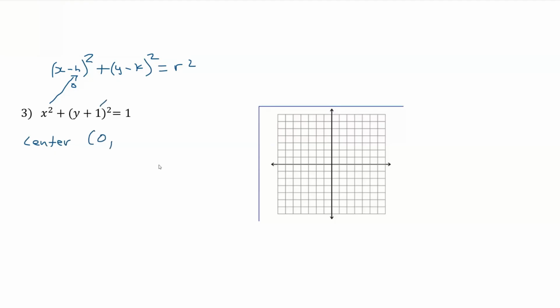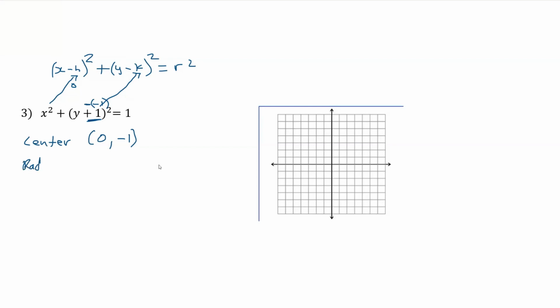And now the k is this value, but opposite. Remember, the formula comes with a negative, so this would be -1. So that means the y value, the k, would be -1. Right? It's the opposite of whatever is inside this. If it's positive, it's negative. If it's negative, it's positive, right? They're opposite each other. All right, so that's the center.